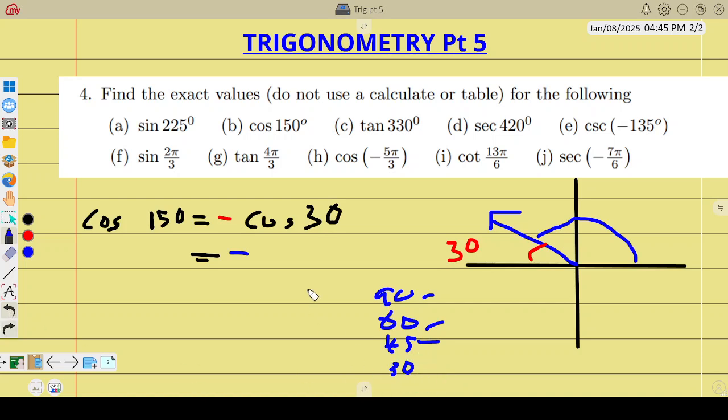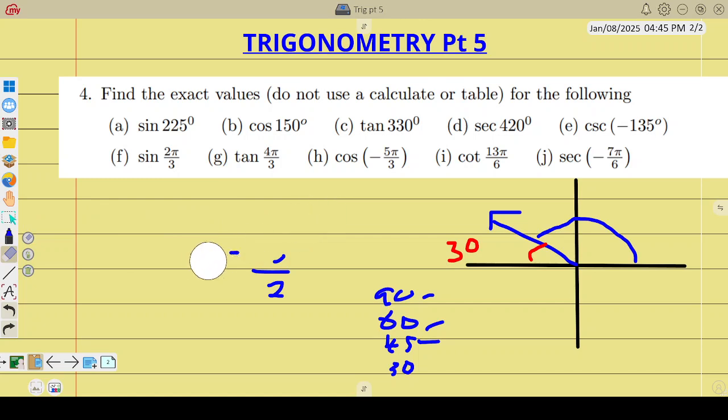Above 30 we have 3. So we say root 3 over 2. So negative root 3 over 2, that is cos 30. I've answered that. These are common MCQ questions, multiple choice questions.